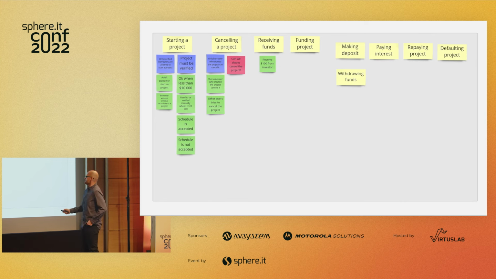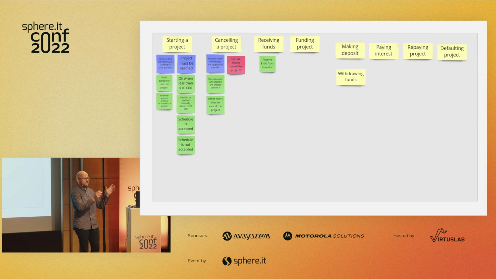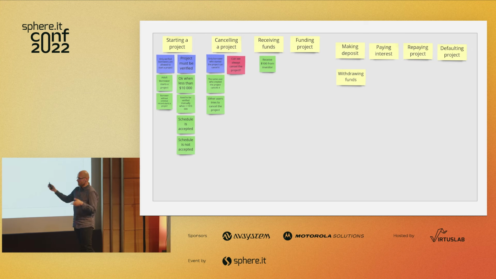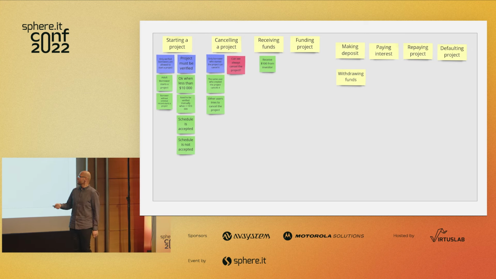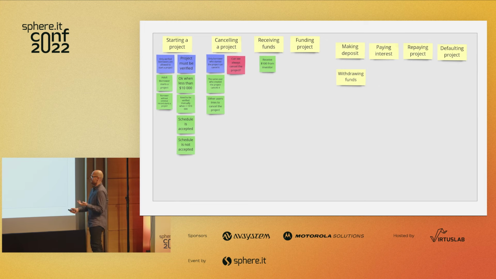Example mapping, yeah, there are the green sticky notes here. The green sticky notes are actually examples, not necessarily expressing given-when-then. They mustn't be strict. For instance, when less than $10,000, it needs to be verified manually.